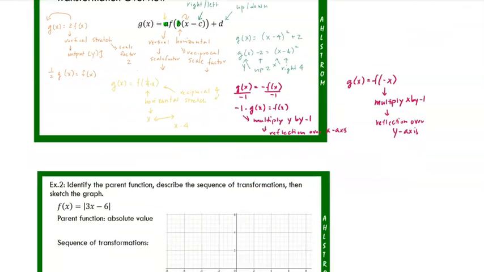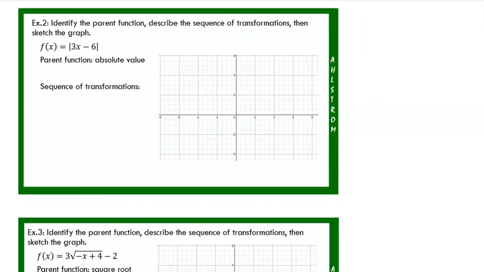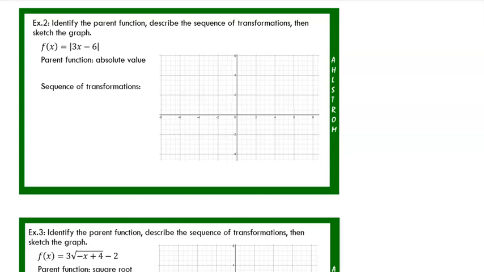Okay, so let's look at some of the examples. These I did in your class. It says identify the parent function. We identified that it is an absolute value. We describe the sequence of transformations, then sketch the graph. This is informing you of how to sequence the transformations so that you have the proper graph.